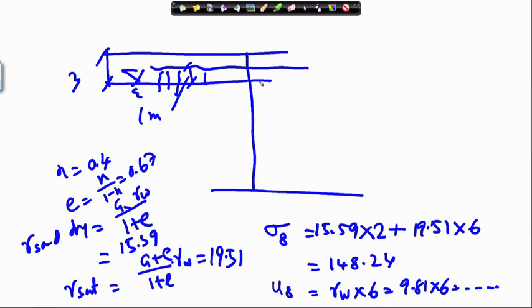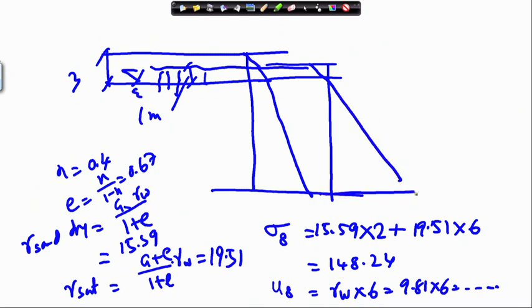So, your actual total stress diagram will be something like this, and when you draw the pore pressure diagram or water pressure diagram, it will be something like this. So, this is not 6, it is 5 actually, this is 2 and 6, and this will be 5, because the water table is 5 meter below.